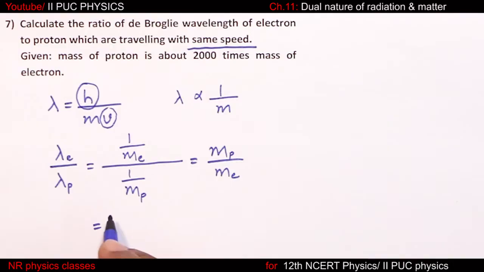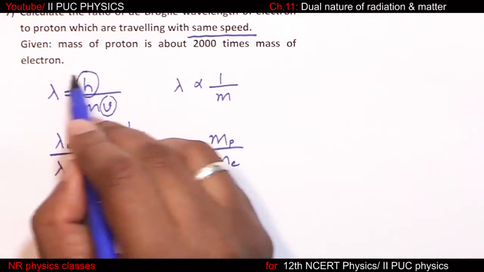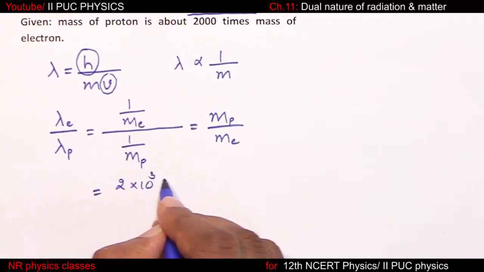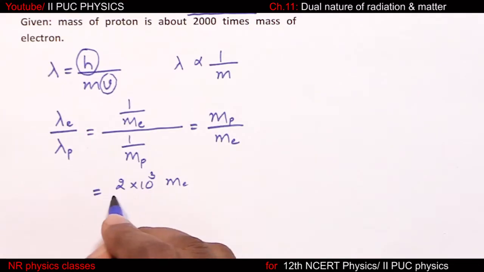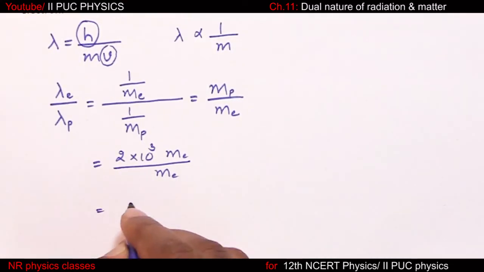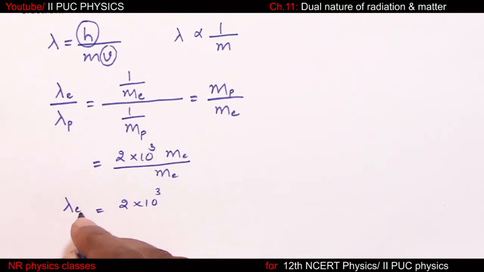Mass of proton is about 2000 times mass of electron. So we can write 2000 times mass of electron by mass of electron. So it is 2000. So wavelength of electron to wavelength of proton is 2 × 10 power 3. Since this is a ratio, there is no unit.